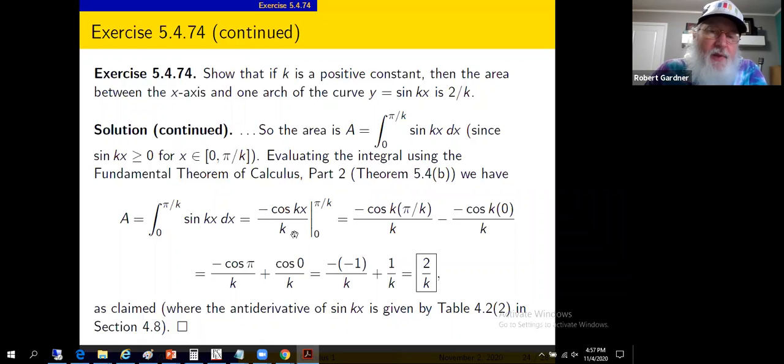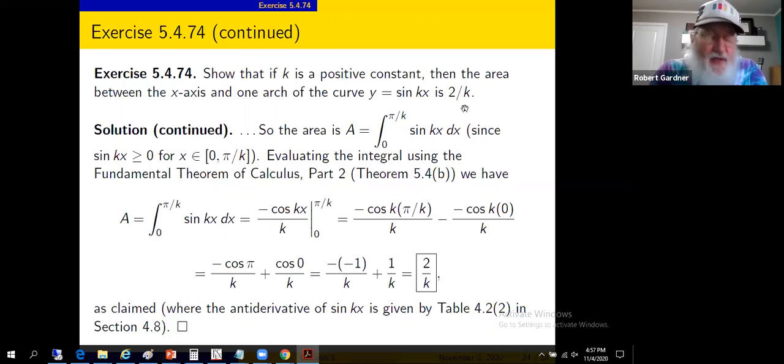Here's an antiderivative. Plug in the upper bound, pi over k, plug in the lower bound, 0, simplify, and sure enough, you get 2 over k as predicted.